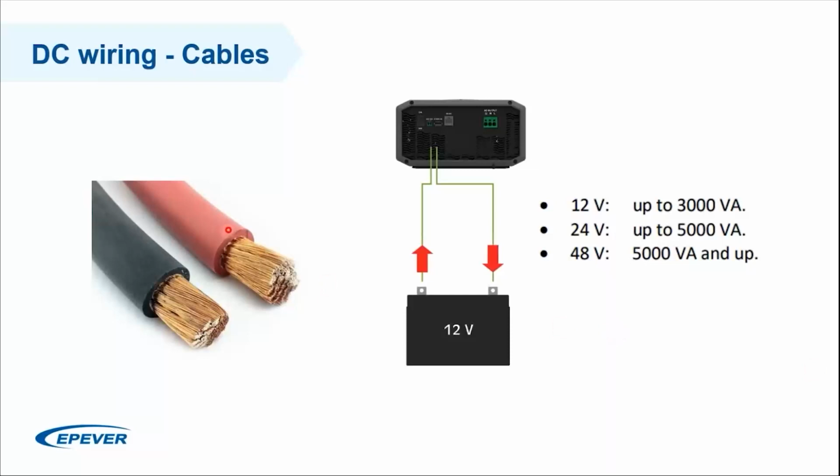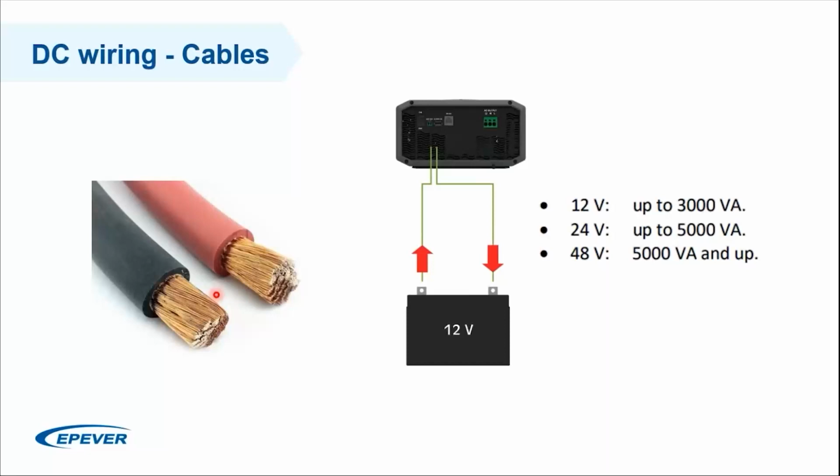To find out the core diameter of a standard core cable, we can look at the cable insulation. Normally there are markings on the cable that indicate cable core thickness. In order to avoid very thick cables, the first thing you should consider is to increase the system voltage. For example, you have a 12-volt system and you calculate your current, and it's a massive amount.